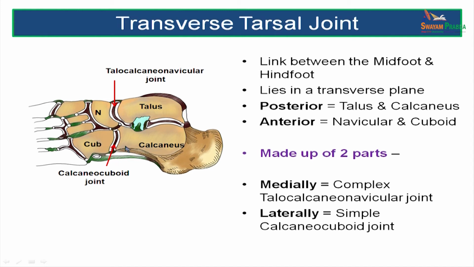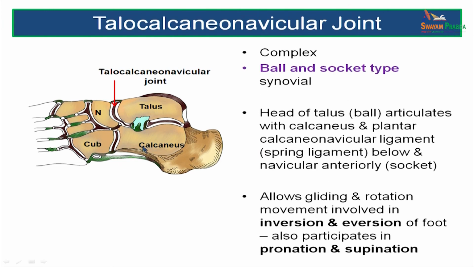The transverse tarsal joint is made up of two joints, the medially placed talo-calcaneonavicular joint and the more laterally placed calcaneocuboid joint. The talo-calcaneonavicular joint is much more complex than the simple calcaneocuboid joint. Let us talk about the talo-calcaneonavicular joint.